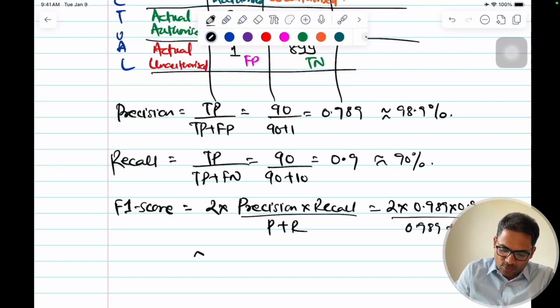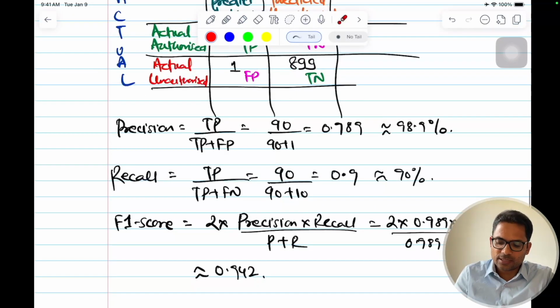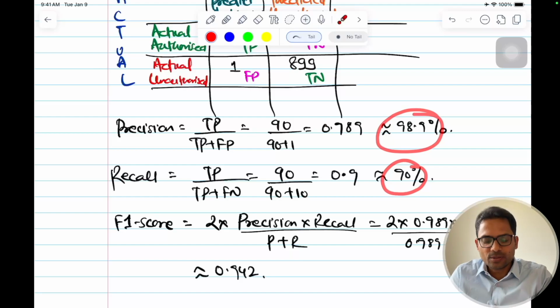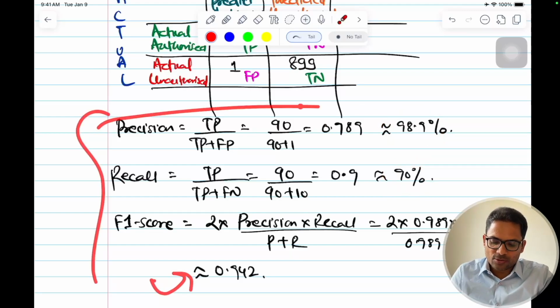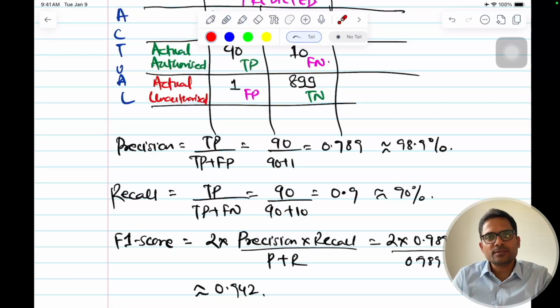This will come out to be approximately 0.942. This is a very good F1 score, because my precision and recall are already good. So this is your F1 score, and this is how you calculate it. I hope with numbers now it should make more sense and should be very clear.